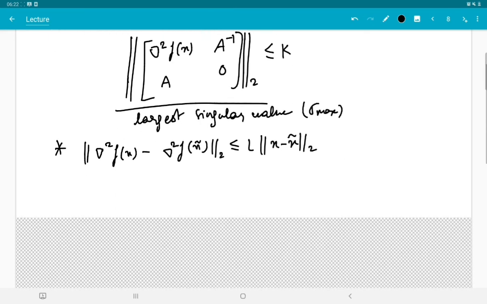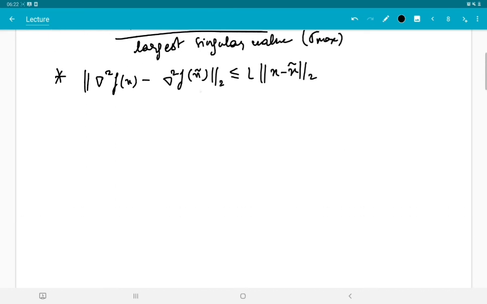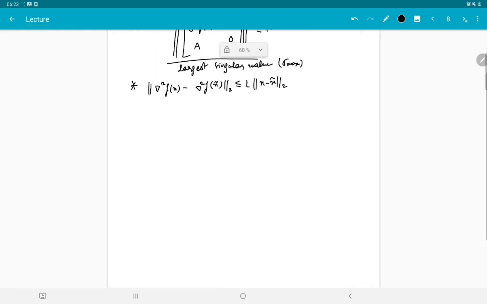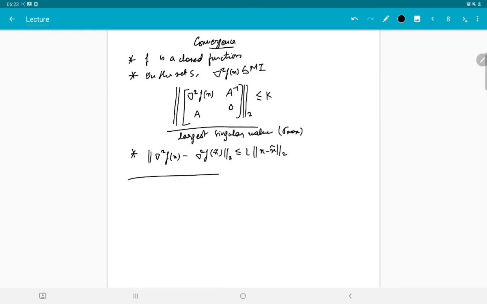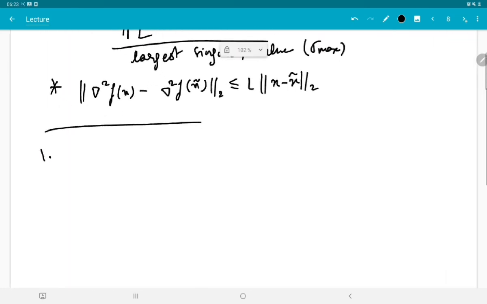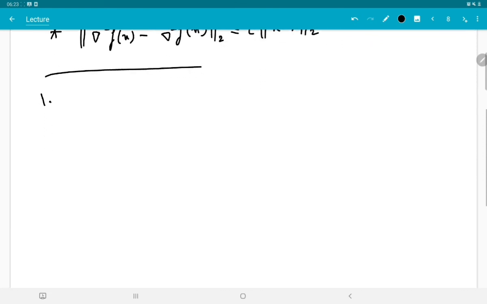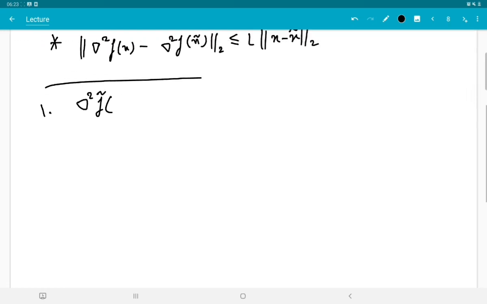If we write down those conditions, the problem that we have converted into is an unconstrained problem, so these things should hold.